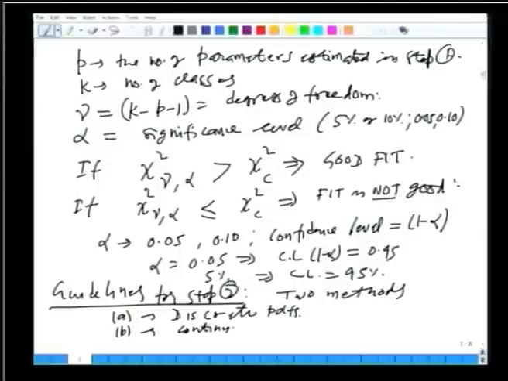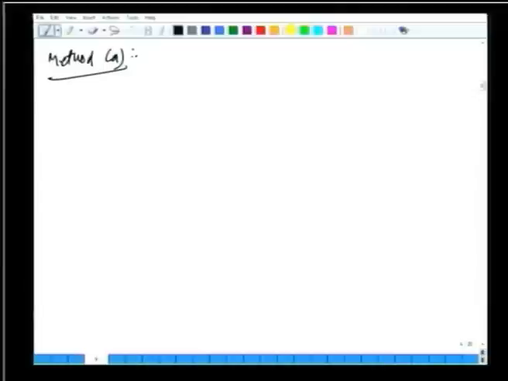These are just the guidelines. There is no hard and fast rule. All right. So, for different types of PDFs, the guidelines are slightly different. So, let us look at method A, or case A rather, which is for the discrete type of distributions.